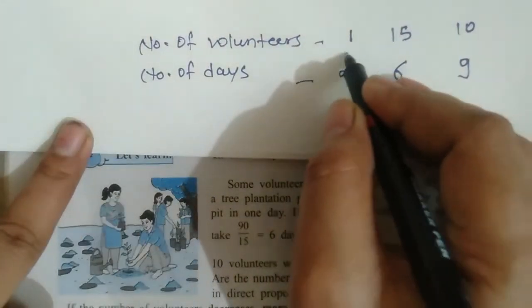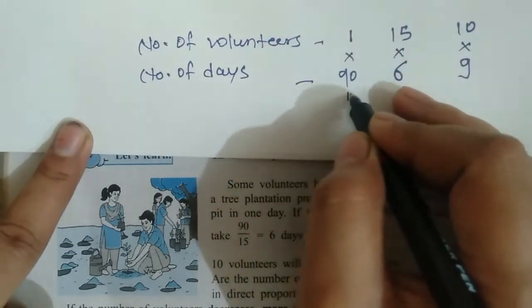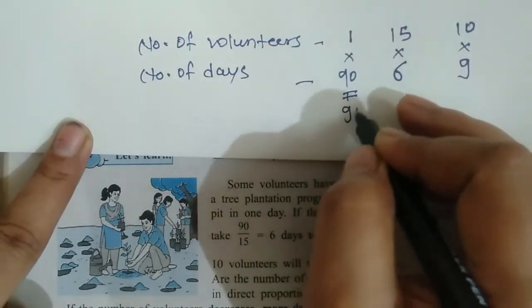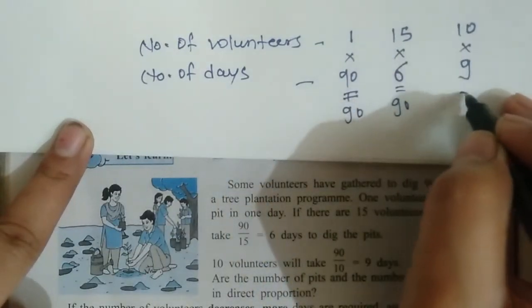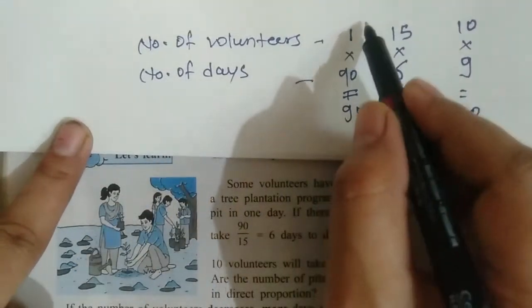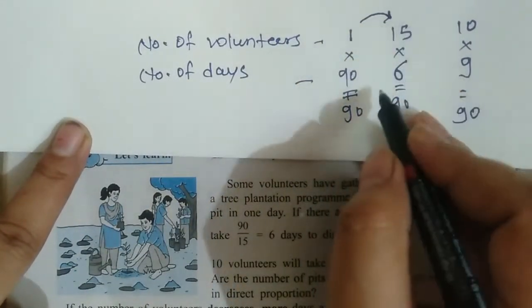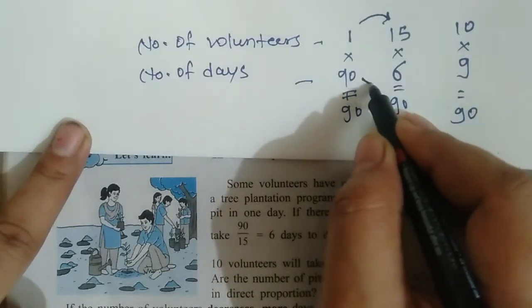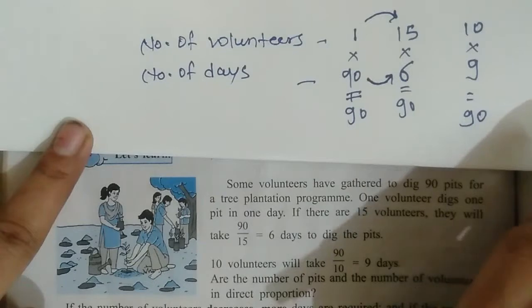See, if we take the multiplication here, 1 times 90 is 90, 15 times 6 is 90, and 10 times 9 is 90. And see, if the number of volunteers increases, then the number of days decreases.